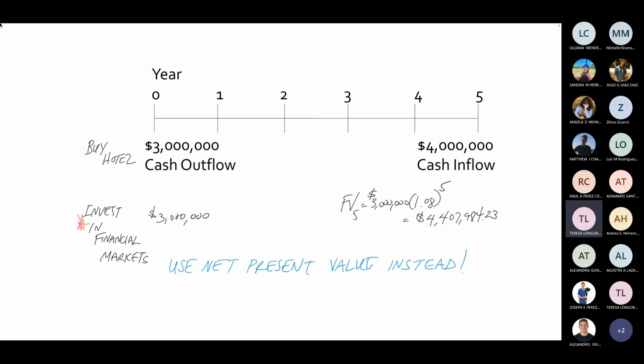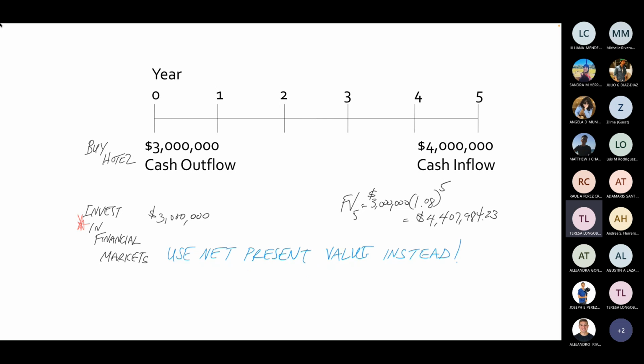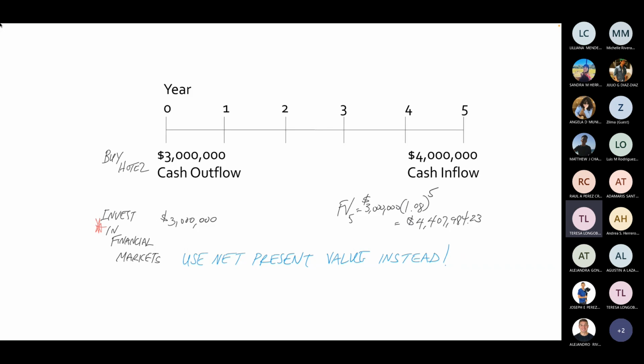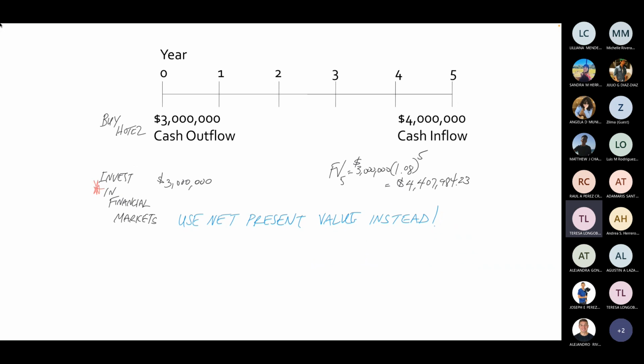So you got the answer, and that's good. But like I say, the convention in finance is to use the net present value. And the reason is that we have a better handle on what dollars mean by understanding their purchasing power today.